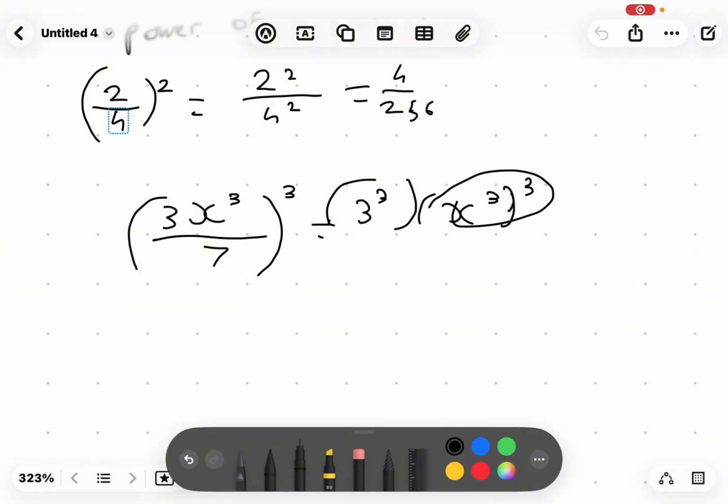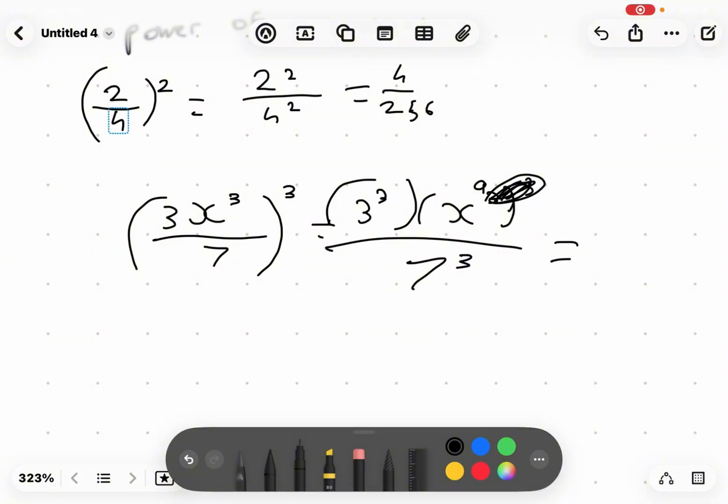I'll do it like this for now, and then I'll make it a 9 inside the brackets, and then this to this, 7, 3. And what that equals is basically 3 to the power of 3, 27, and then x to the power of 9, and then 330, yeah.